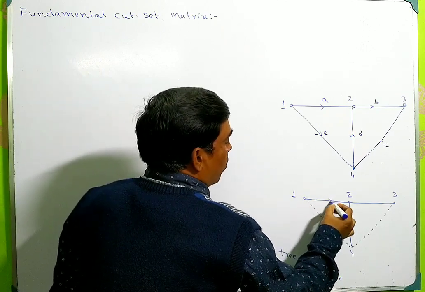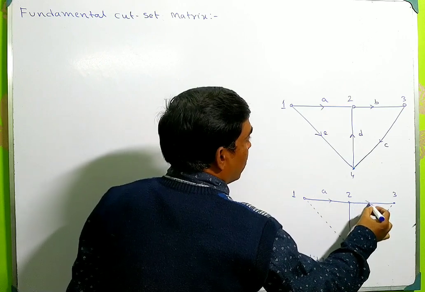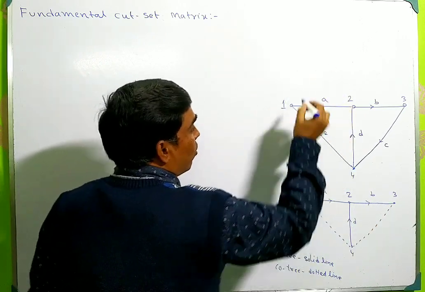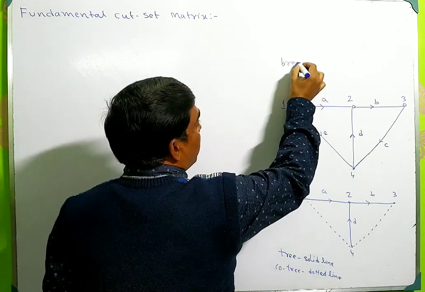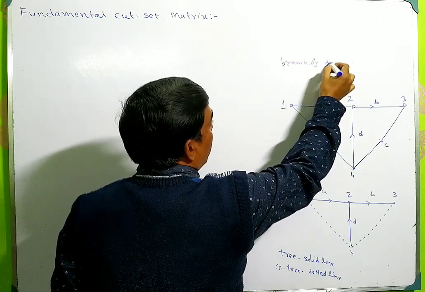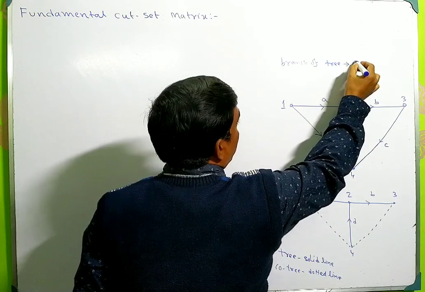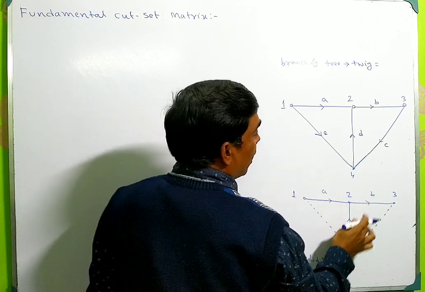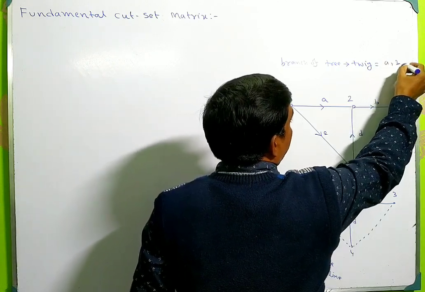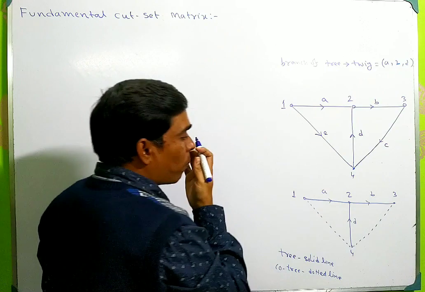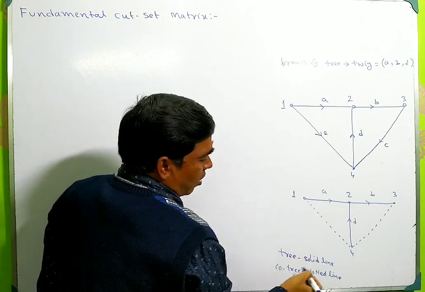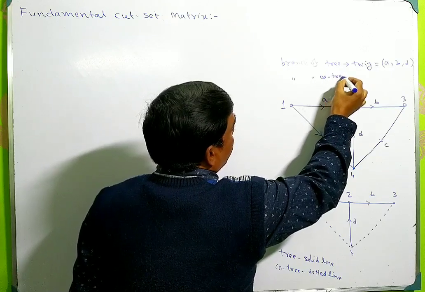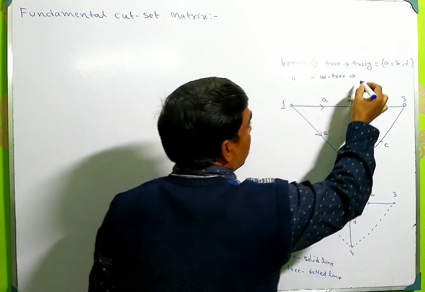Here the branches of the tree are A, B and D. The branch of a tree is called a twig. So here the twigs are A, B and D. And the branch of a co-tree is called a link.